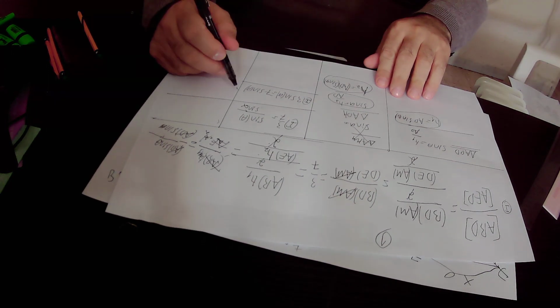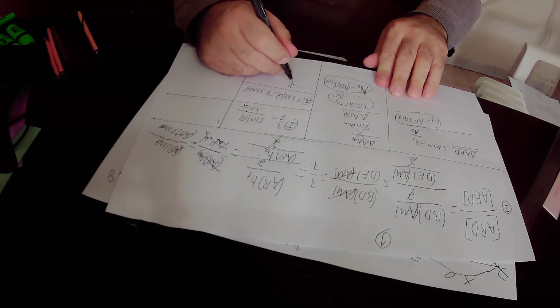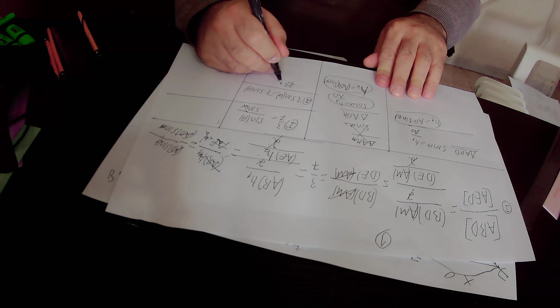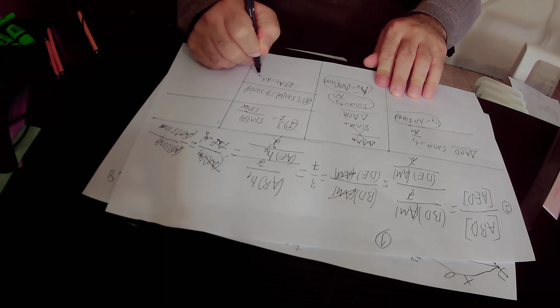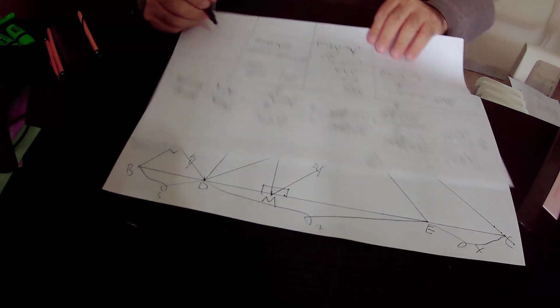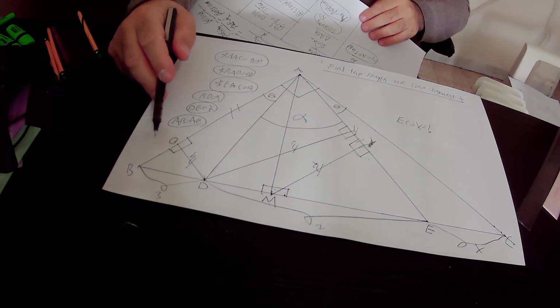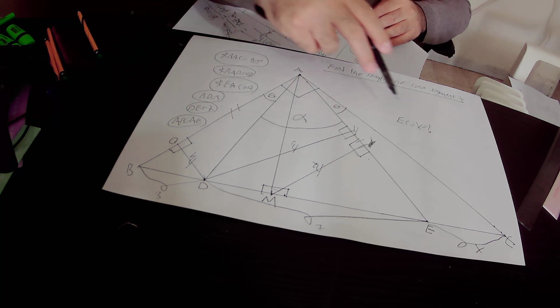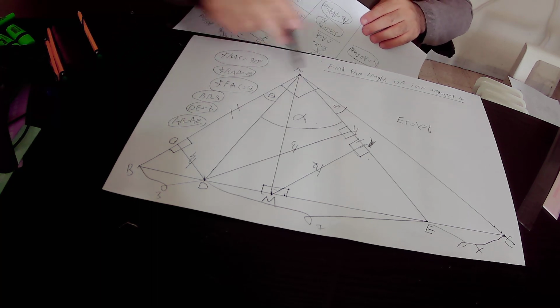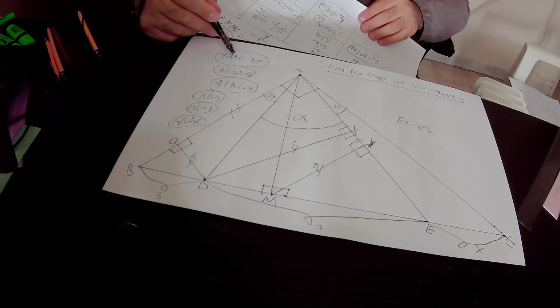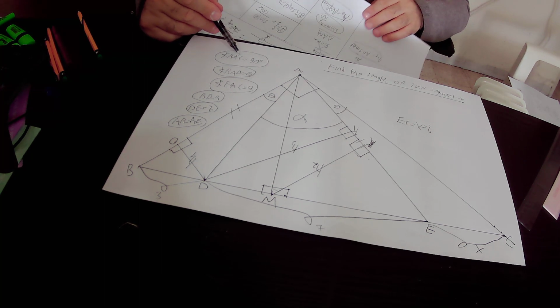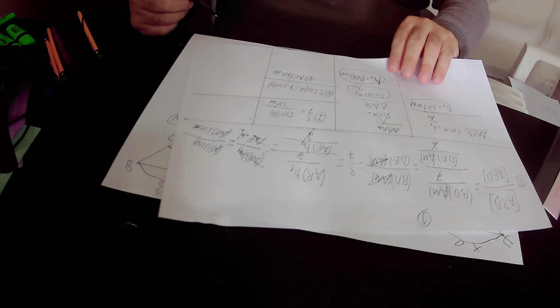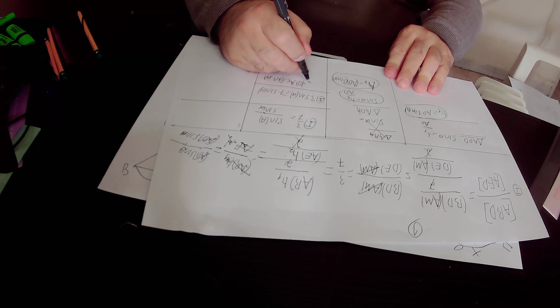That is to say, angle BAC is equal to 2 theta plus alpha from one side, but from the other side it is given in the question that angle BAC equals 90 degrees.